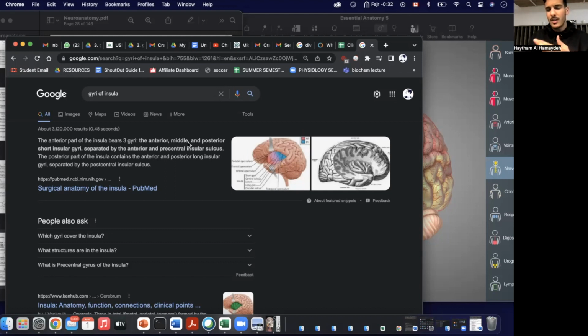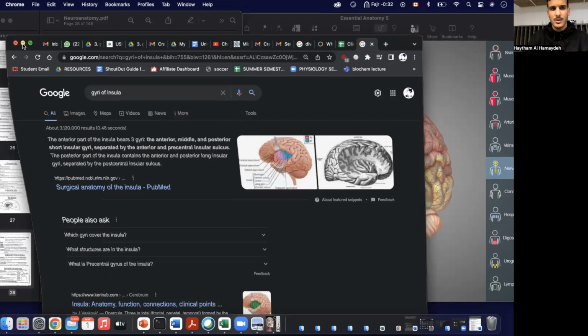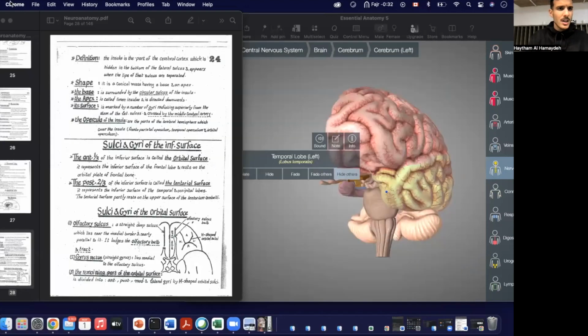So these are the ones that you have to know for the insula.